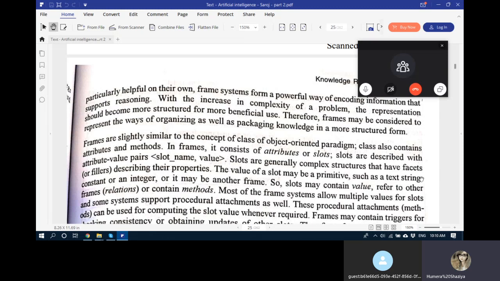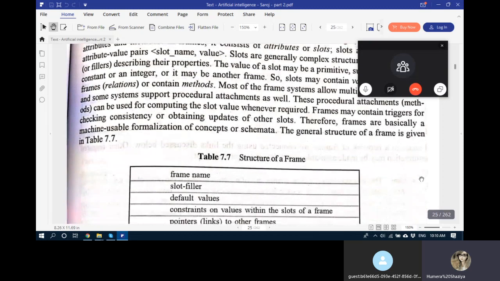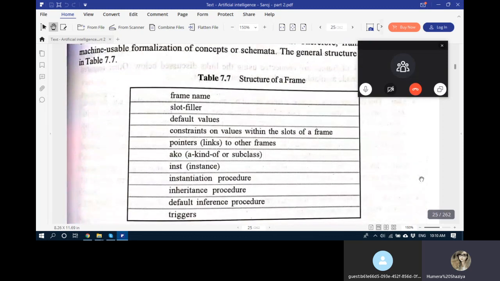So it is nothing but a data structure which is used to represent attributes of a concept. For example, the structure of a frame is like this.